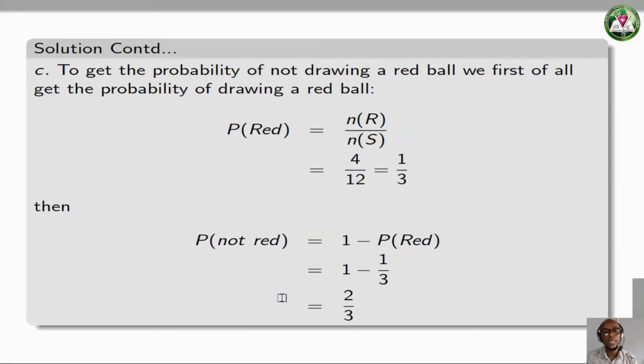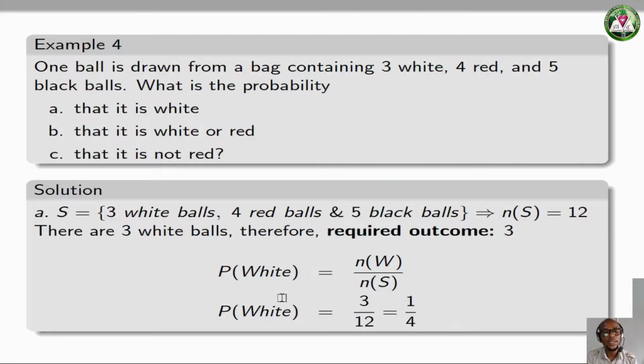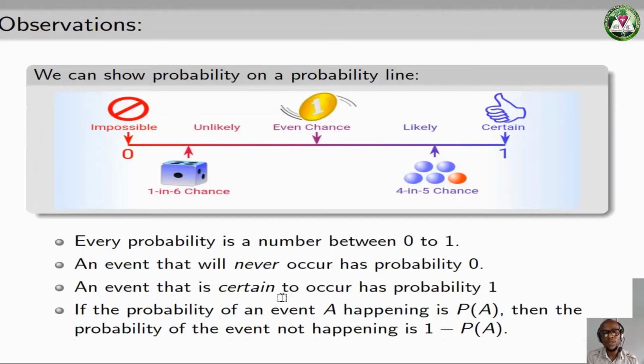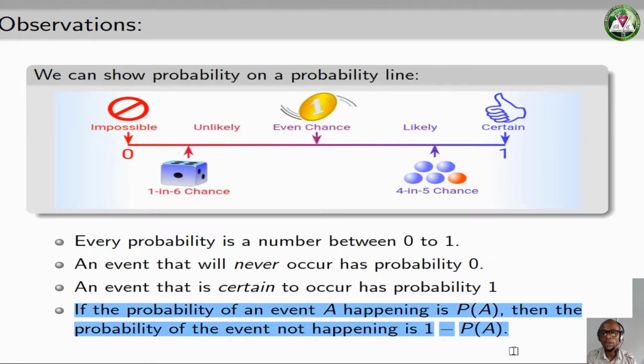So looking at the next question, which is the last, what is the probability that it is not red? Quickly, let's go back to our chart, where if the probability of an event A happening is P of A, then the probability of the event not happening is 1 minus P of A, that is 1 minus the probability of that event happening.